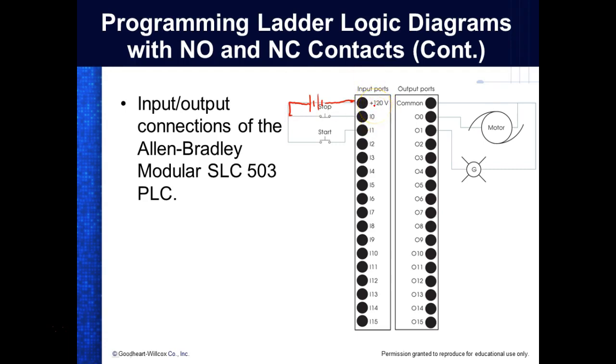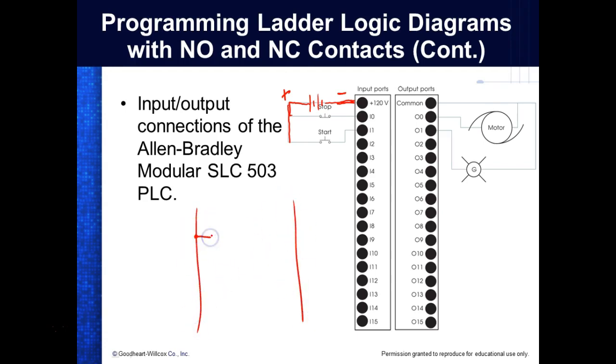So this is the way our PLCs are hooked up, is we're using sourcing input. So sourcing means we use plus. This is the common for all our input devices. You understand that? And then the PLC input port would have to be hooked up to the what? Negative. You understand that?